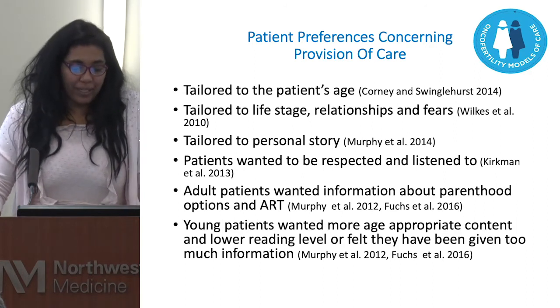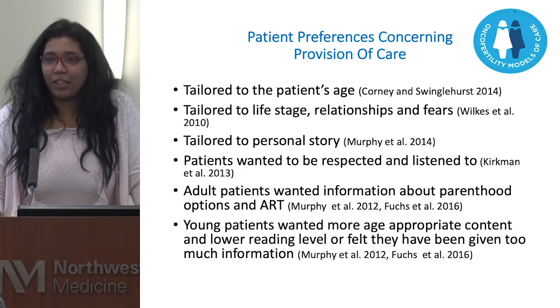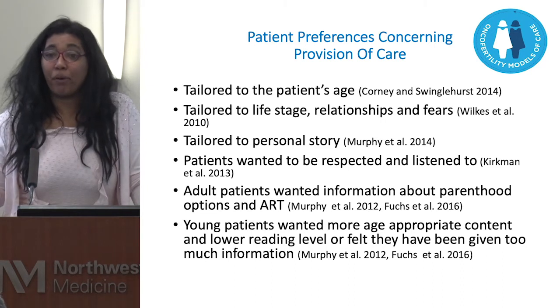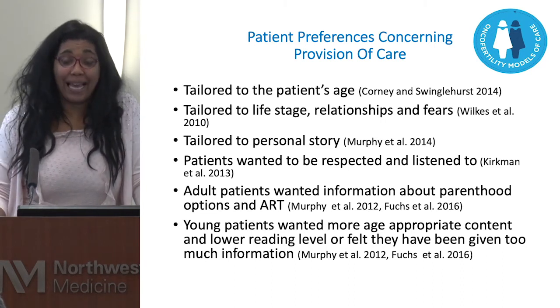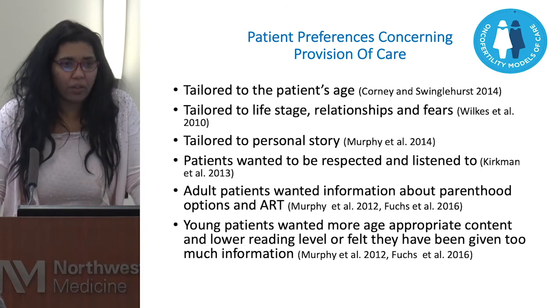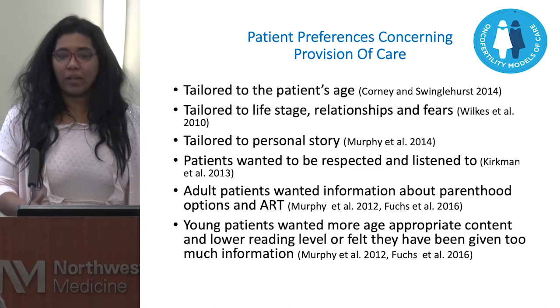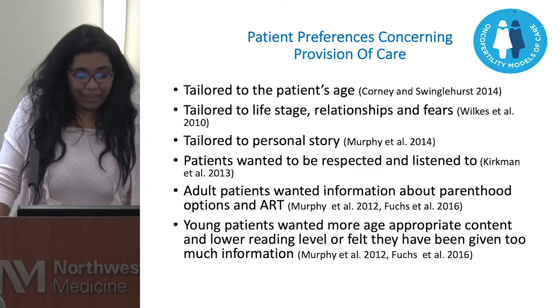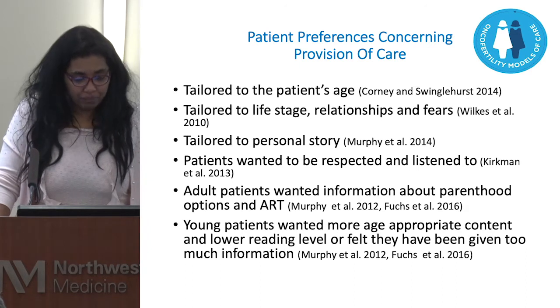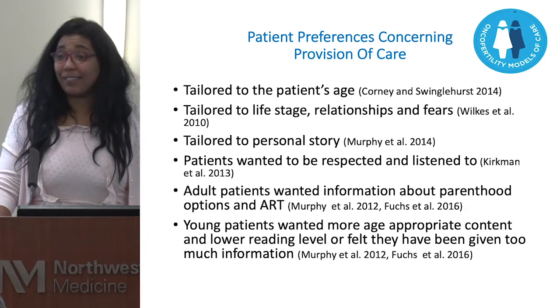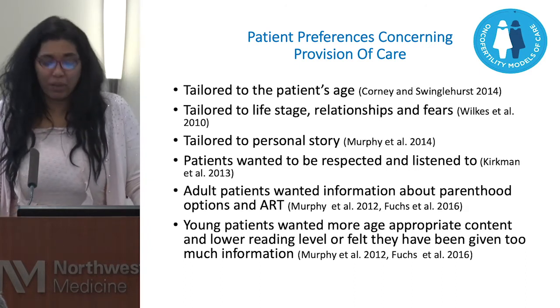So, we had the papers where a younger person is given a breast cancer resource because that's what they had in their service rather than a resource for a sarcoma. And so patients felt that was quite frustrating. And patients want to be listened to and want to be respected.